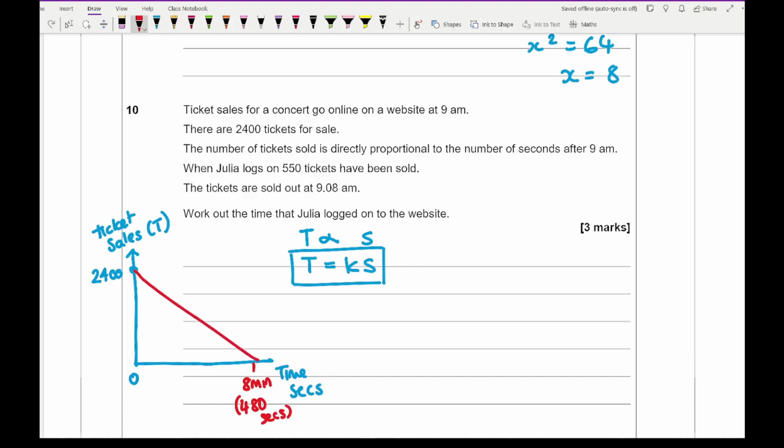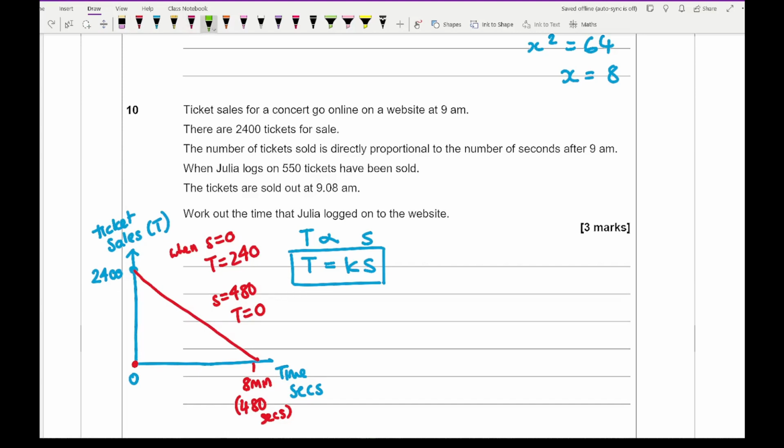So we know that it's going to be a straight line graph from there to there. So in terms of the coordinates, we know that when S equals 0, T equals 2,400, and we know that when S is 480, that T equals 0.